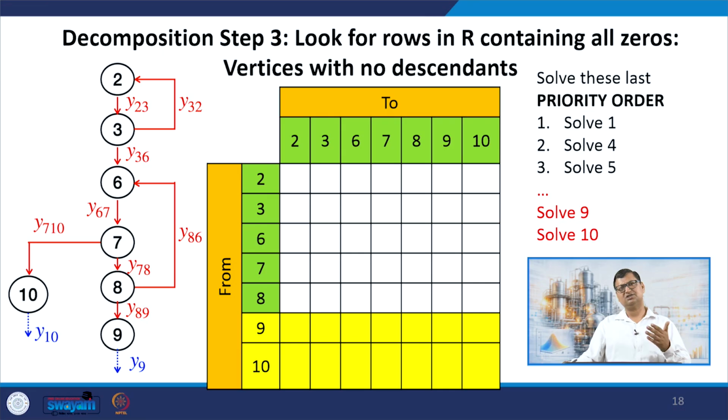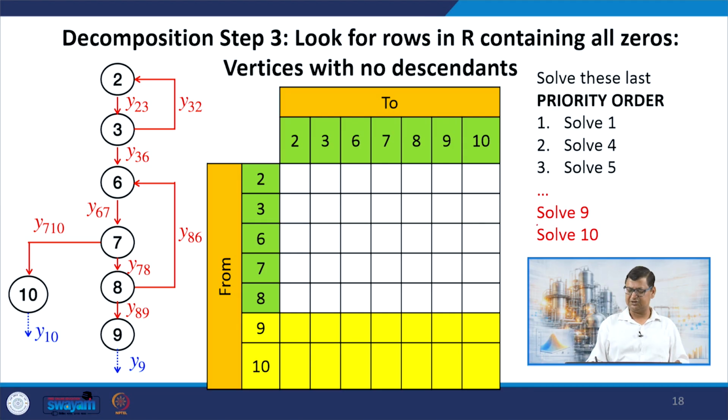Just as we did the vertices with no ancestors first, in a similar way we can do these vertices in the end, because nothing depends on them. Their balances depend on the other vertices, but no other balances depend on them. So if there is a row containing all 0, then we can solve those balances last.